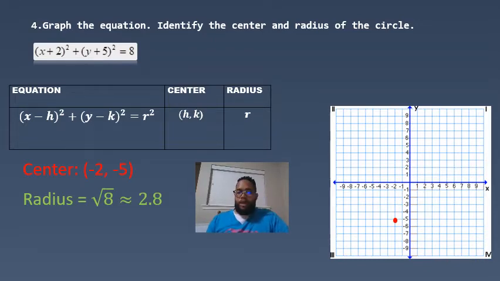So as far as our graph goes, we're going to go from that red center point and go up 2.8, down 2.8, left 2.8, and right 2.8. And what you'll notice with my dots, I've kind of approximated it. So it's almost 3 squares in each direction. After that, you just connect the green dots and you have your circle.